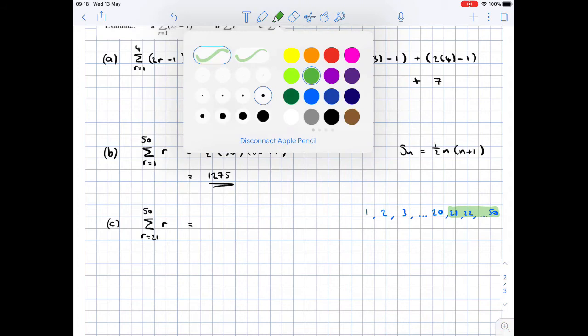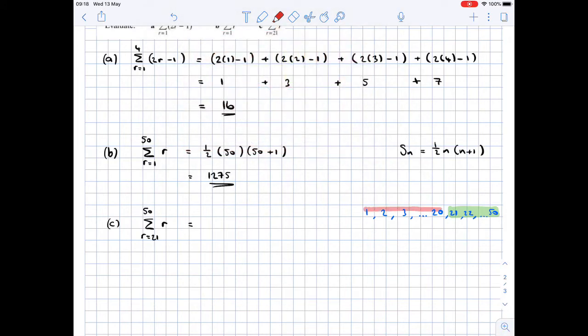So actually, to do this, it means we don't want the 1st to the 20th term. So we can think, let's find the total of all of them, and then from that, subtract the first 20 terms. So writing that out, this is equal to the sum of the first term to the 50th term minus the sum of the first term to the 20th term.